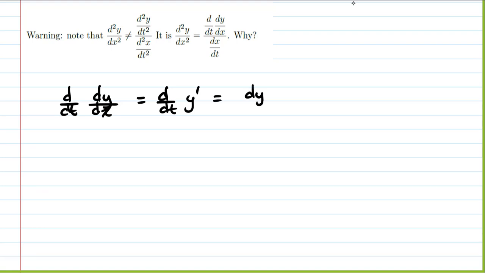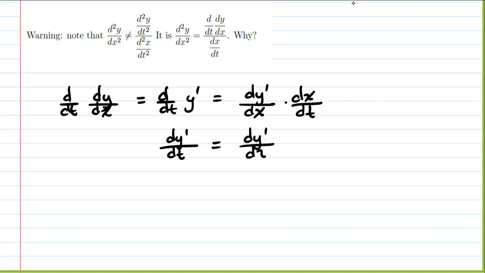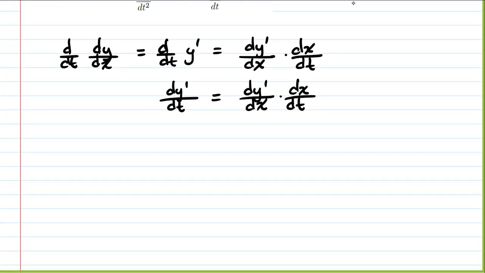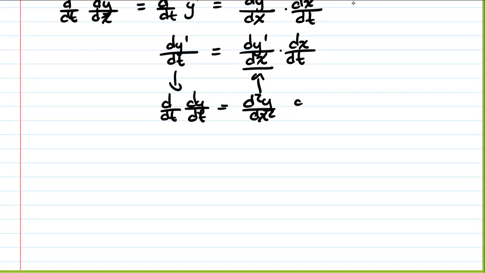We would then have dy prime/dt is equal to dy prime/dx times dx/dt. So solving for this, the derivative of y prime with respect to x is going to be the second derivative, d2y/dx squared, which is going to be d/dt of dy/dx, and then over dx/dt.